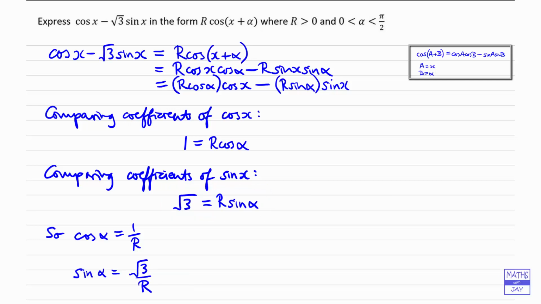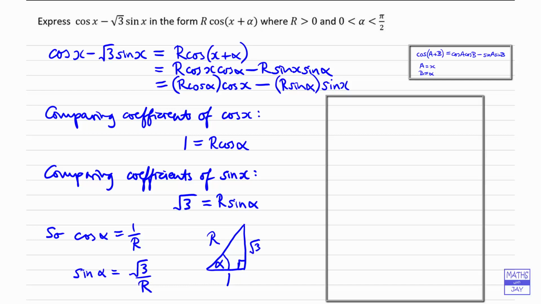So that means that we can draw a right-angle triangle and very easily work out alpha and r. We put our angle alpha down here. Cos alpha is 1 over r, so adjacent over hypotenuse is 1 over r, and opposite over hypotenuse is root 3 over r.